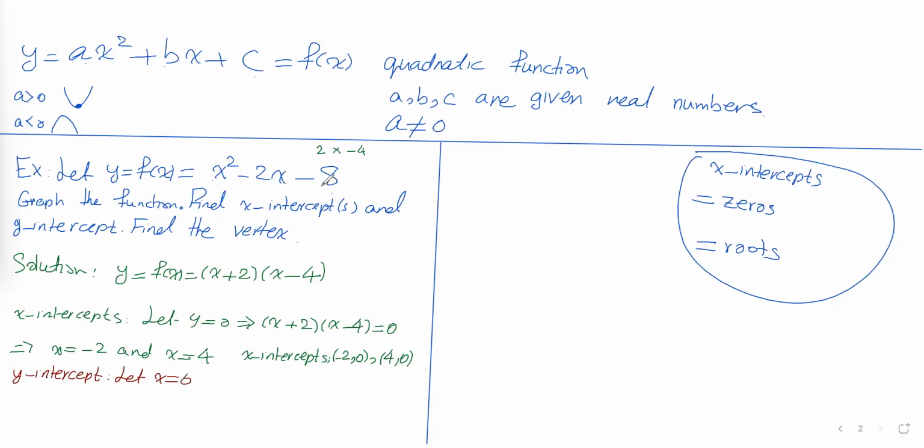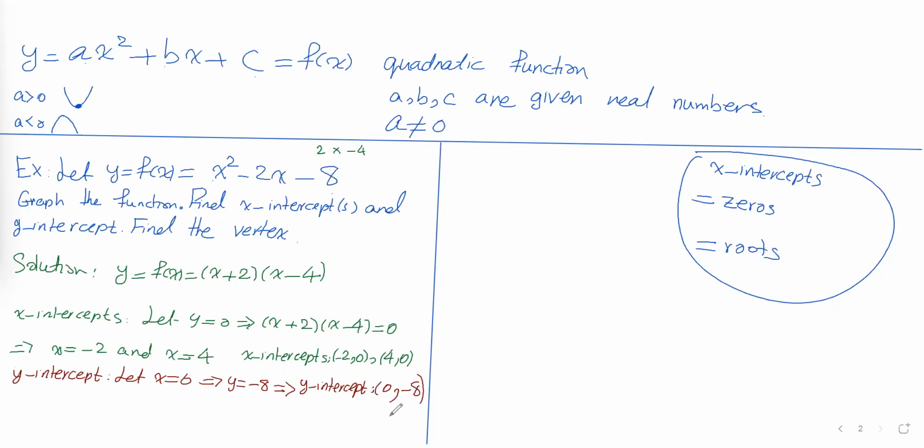So you can put it in the original equation. If you put x equal to 0, you get negative 8. So y is negative 8. So my y-intercept is 0 and negative 8. It's always good to find this because it helps you to draw the graph easily.